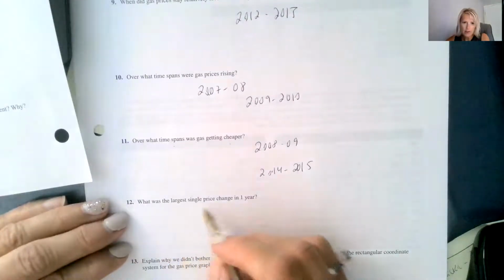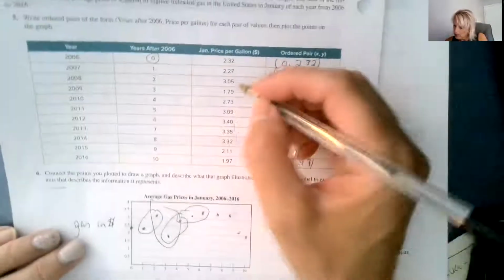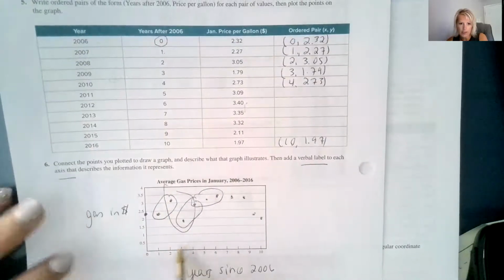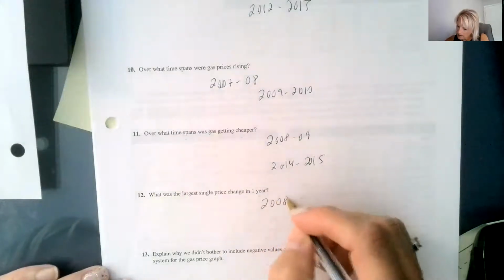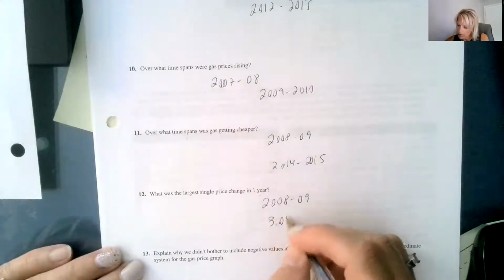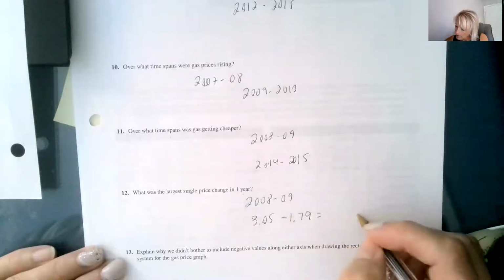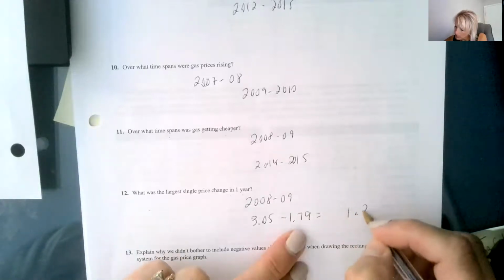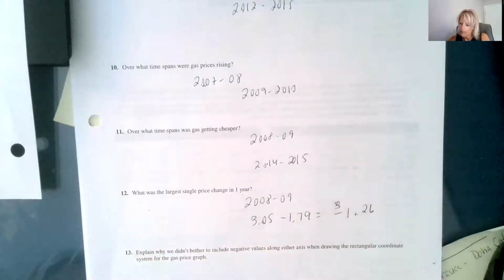What was the largest single price change in 1 year? I would say visually, you're going to look here because that was the biggest change, and that was 2008 to 2009. And so 2008 was 3.05, and we subtract 2009, which was $1.79, and it went down $1.26, which is awesome.